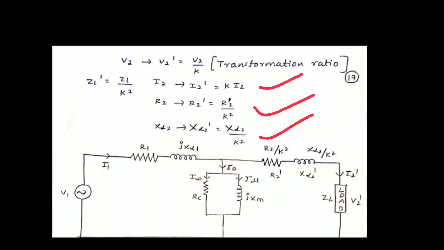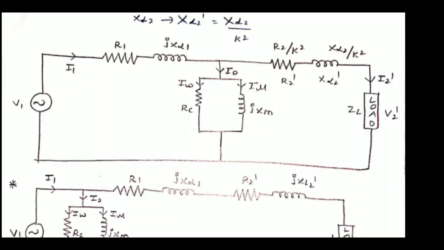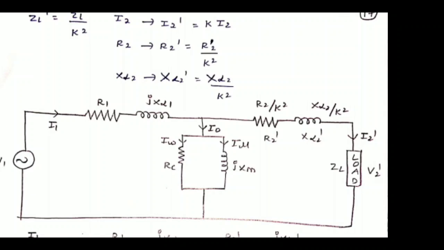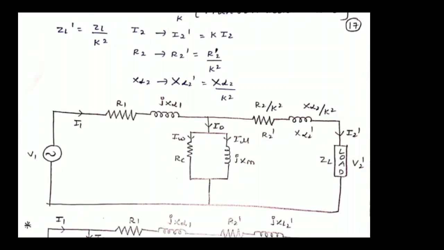By shifting all these, our equivalent circuit is obtained like this. R2 becomes R2 dash, XL2 becomes XL2 dash, ZL becomes ZL dash, I2 becomes I2 dash, and V2 becomes V2 dash.